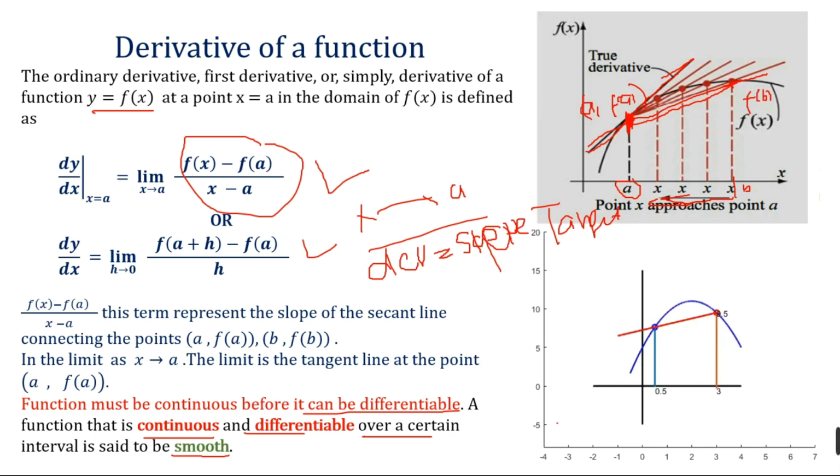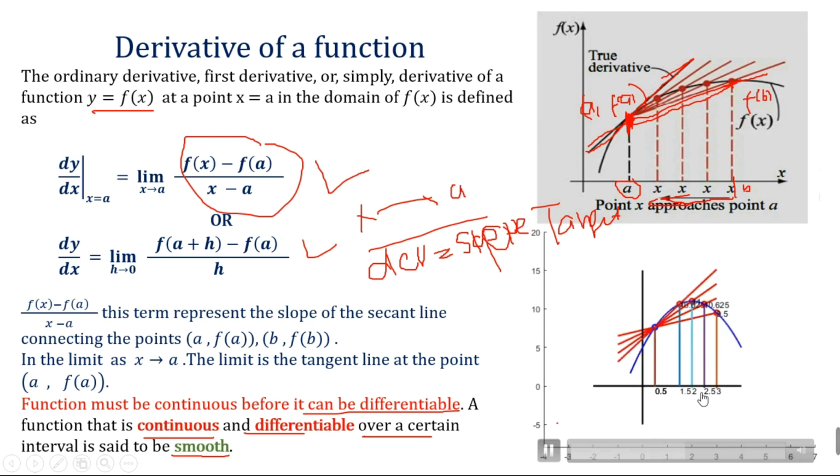So let's check this. Here we have our point B, and this is the point A, and as x approaches A, the secant line becomes the tangent line. At this point, the derivative of the function is equal to the slope of this tangent line.